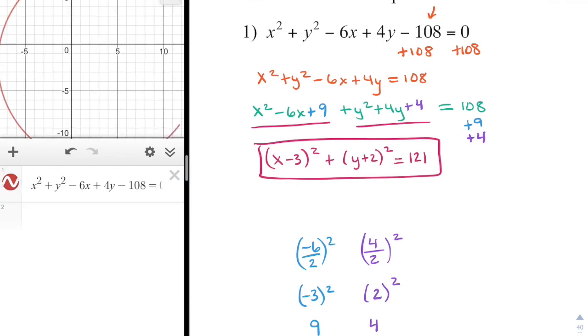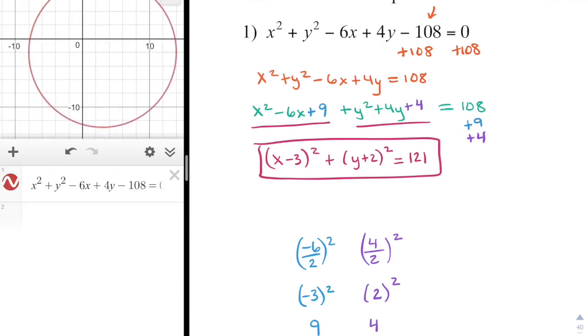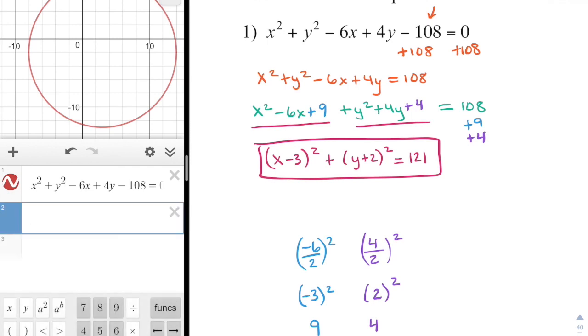And you see Desmos was able to graph this in red. Now I'm going to take this other one, the standard form of the equation, and start typing this one in. So x minus 3 squared plus y plus 2, I have to use my parentheses for this, obviously, squared equals 121.